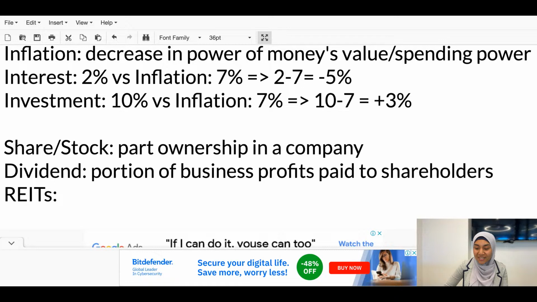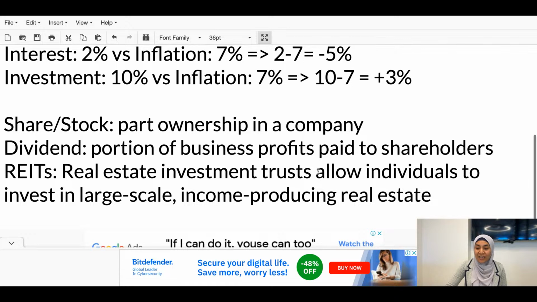REIT stands for Real Estate Investment Trust. Essentially it's a company that's been formed, and it's a pool of your money if you invest in that REIT and everyone else's money in that particular REIT. And using that pool of money, they're able to buy even commercial property, like shopping centers and so on and so forth.